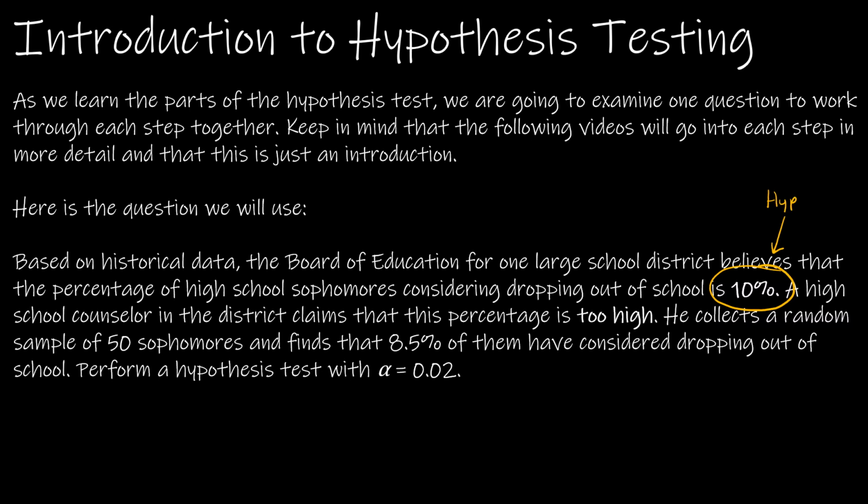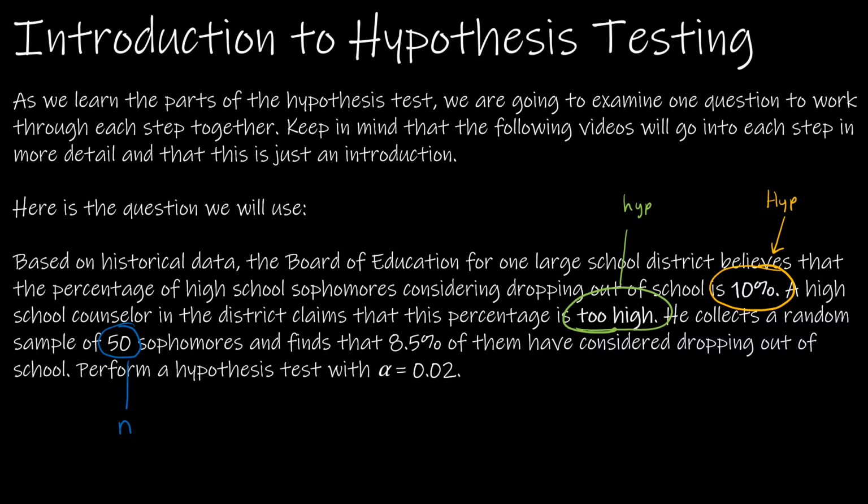And the high school counselor in the district claims that the percentage is too high. So this is going to have to do with our hypothesis as well, and again, this will come together in a minute. He collects a random sample of 50 sophomores. 50 is just the number.